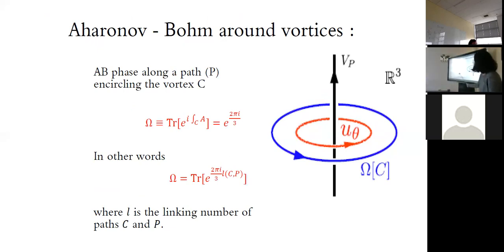This L is the linking number of the path along which the vortex is with the path along which you're computing the Aharonov-Bohm phase. If you're computing this along the direction of the superfluid flow, L is positive, +1. If it's opposite, then it's -1. And if you're not going around the vortex, it's 0, so you get a 0 Aharonov-Bohm phase.